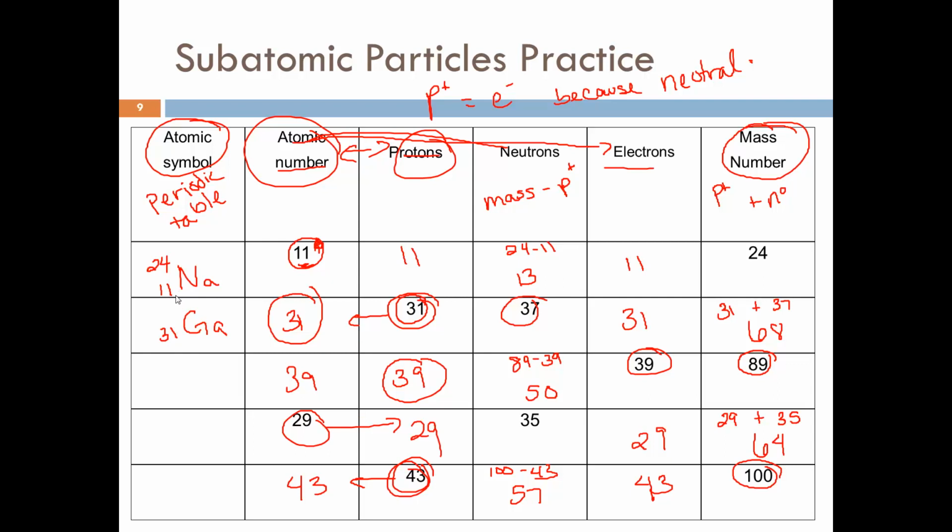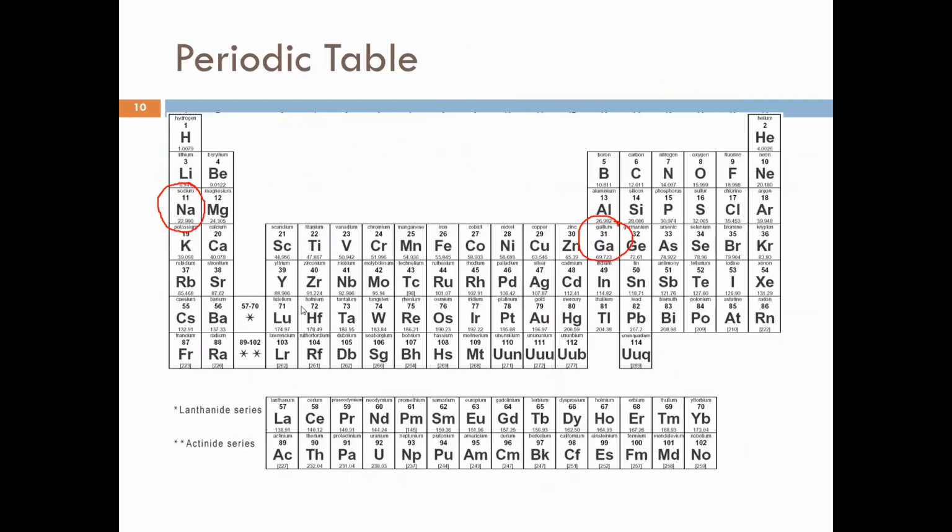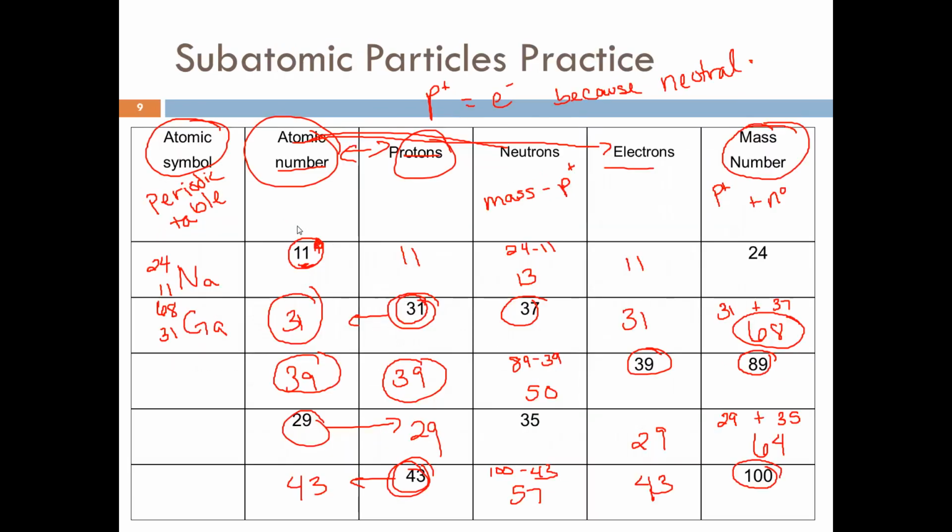It's right here. The next one is 39. 39 is yttrium. It's right here. Atomic symbol is Y. Atomic number is 39. The mass number is 89. The next one is 29. 29 is copper.